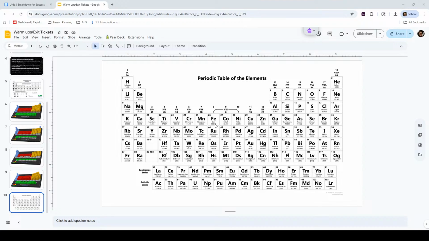That's because the D shell is populating underneath the S and P shell from the row that these elements are located on. And some of the elements even have electrons in the F shell. So there are differences going on there. I want you to mostly focus on the elements within the S and P, because those show us the fundamentals of what we're actually going to be dealing with.